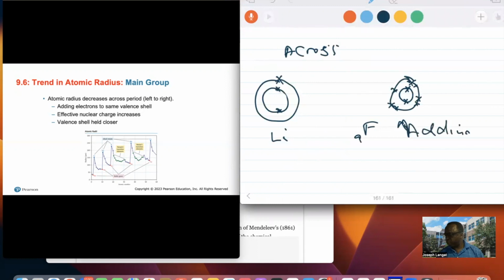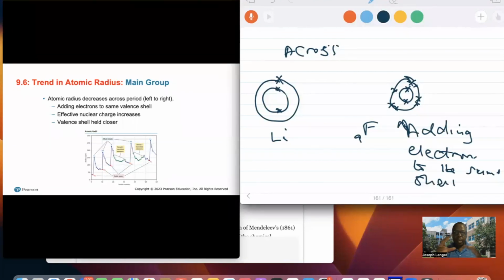Adding electrons to the same shell actually makes the atom shrink.